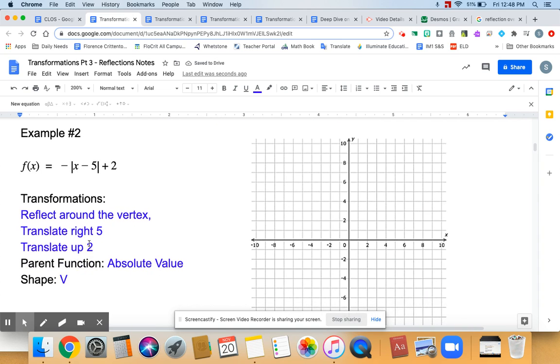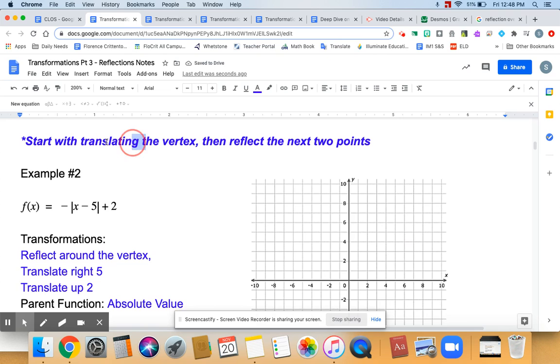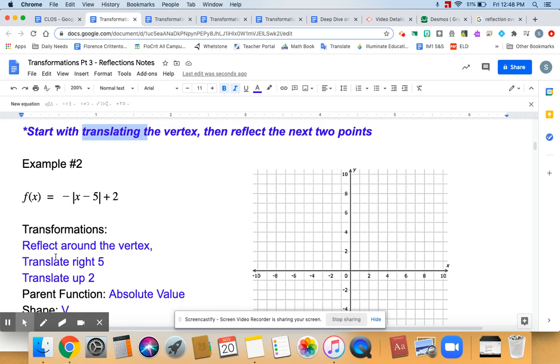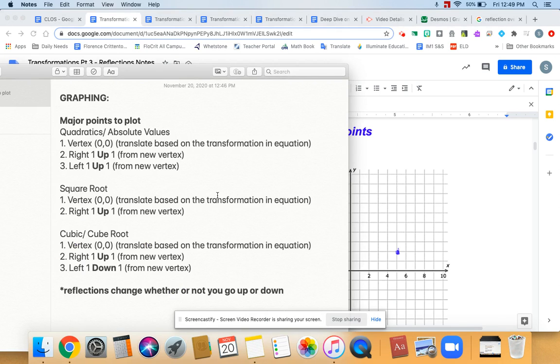So to graph this, remember I have to start with translating my vertex. So I'm going to start by going right 1, 2, 3, 4, 5, and then up 2, and putting my 0, 0. Next, I'm going to look at my 2 points for absolute value. So for absolute value, they want the vertex, but then we translate it based on the transformations.